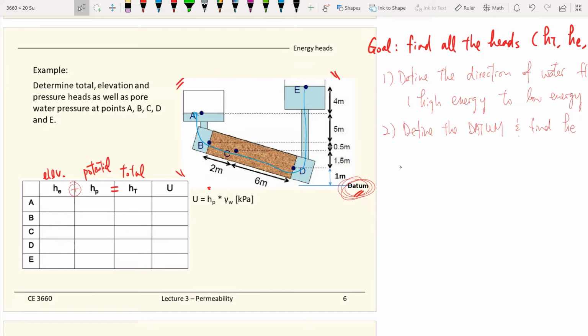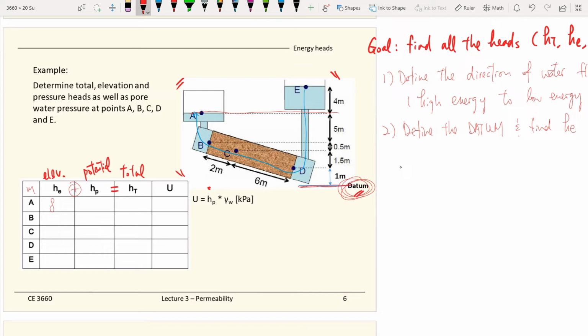For example, the elevation head of point A is the height of point A from the datum. Adding up all the numbers here gives you 8 meters.